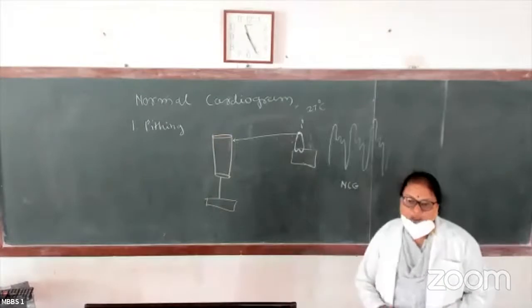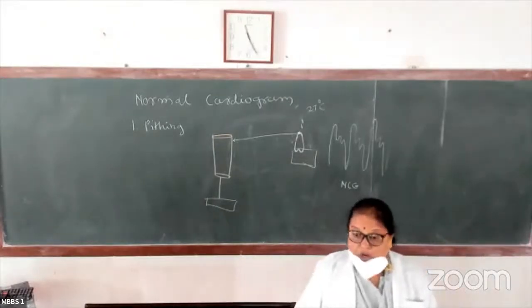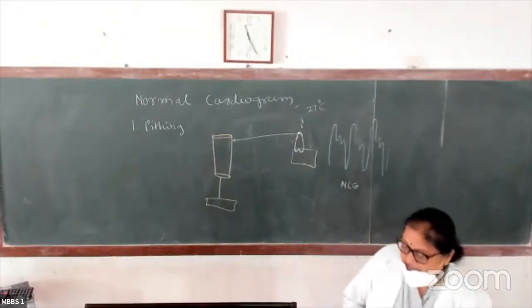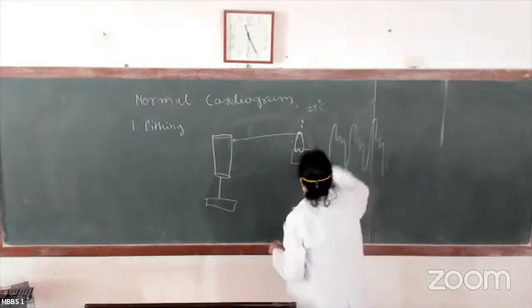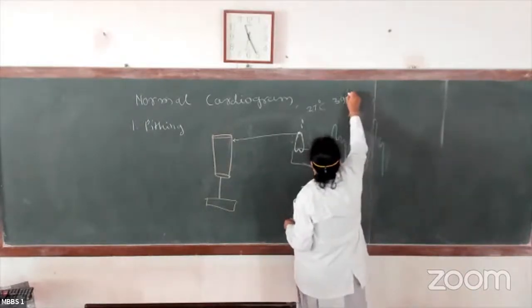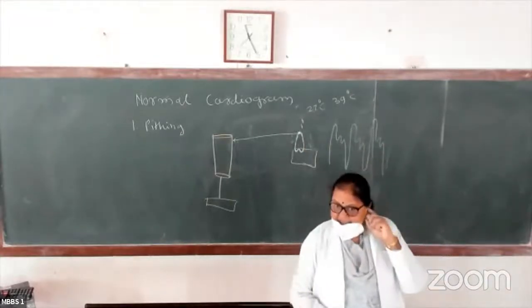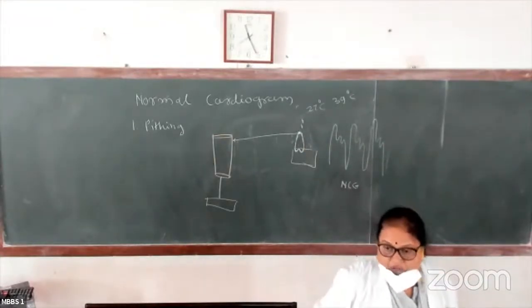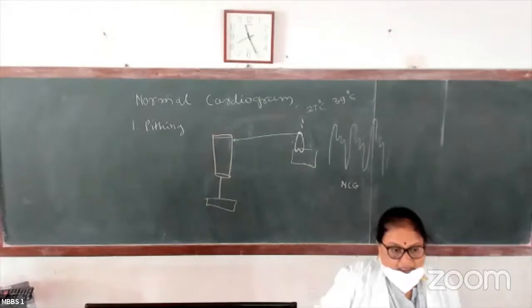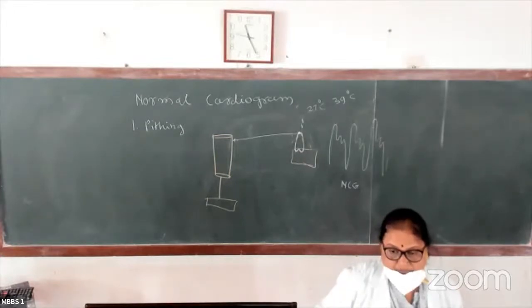Then warm ringer solution. Warm, not hot. Warm ringer solution, that is 39 degrees centigrade. We add it on the frog's heart, and we record the cardiogram, or we record the activity of the frog's heart. What happens when we add the warm ringer solution?